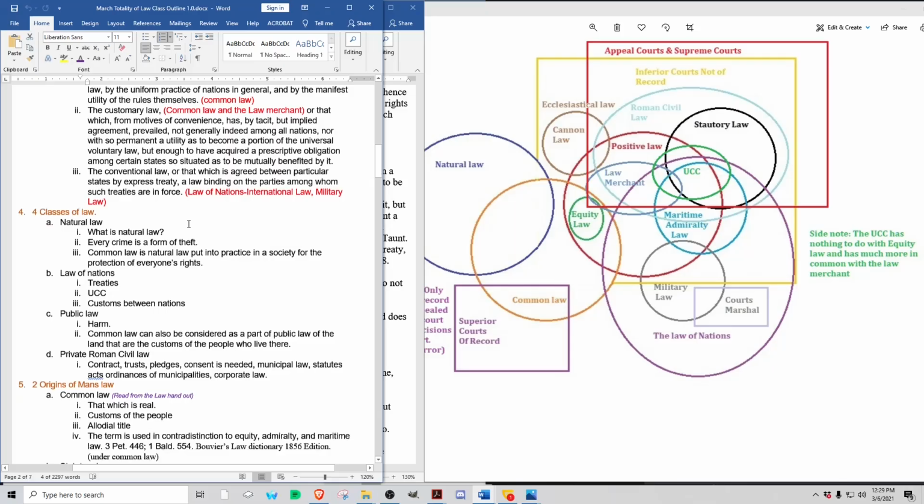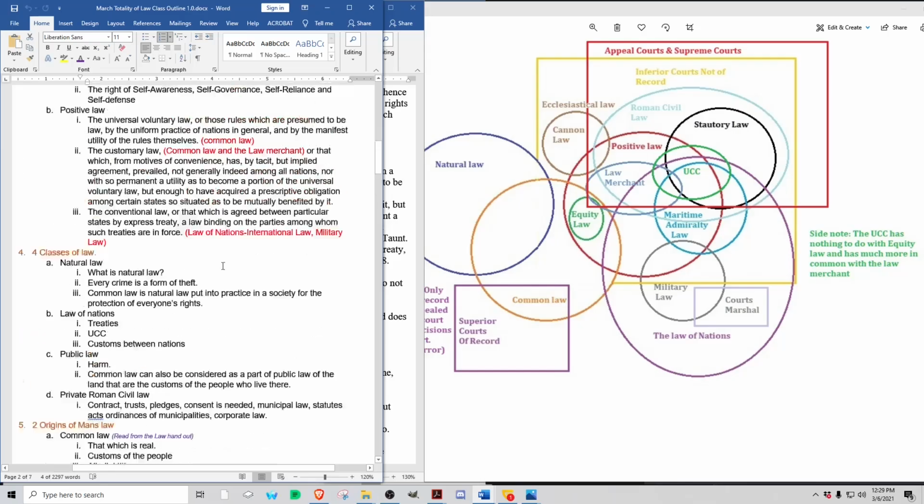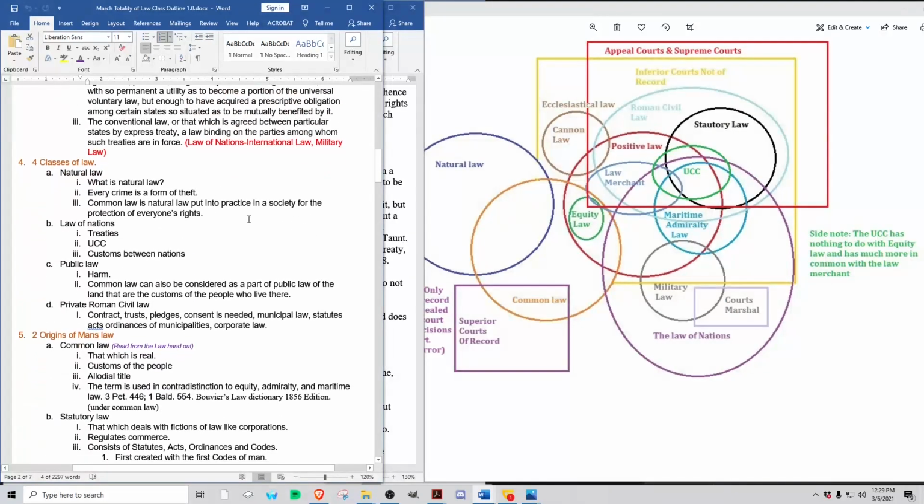So now let's get into the 4 different classes of law, which are, again, natural law is another class. So what is natural law? We just read, and I already explained that every crime is a form of theft, right? So we remembered that. Common law is natural law put into practice in a society for the protection of everyone's rights.